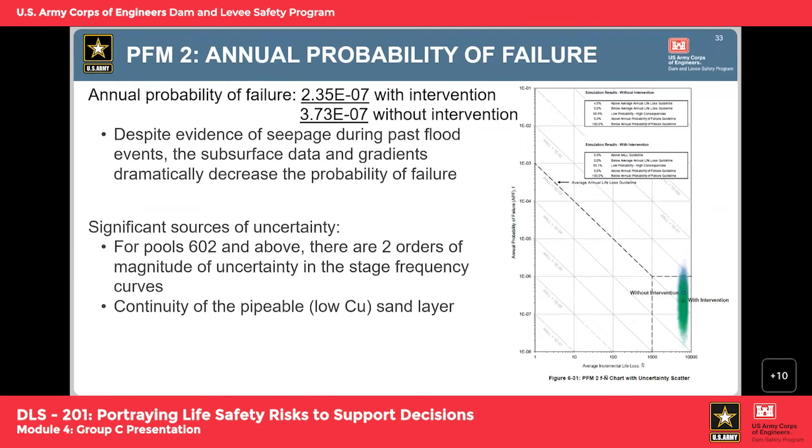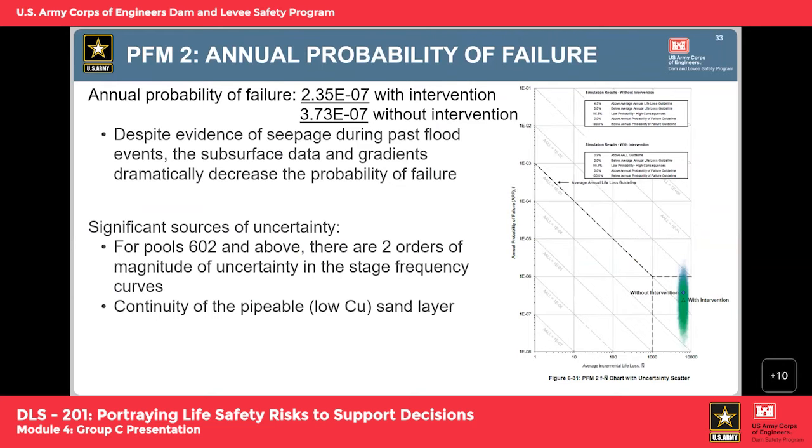As mentioned previously, in 2015, the pool raised to a near top of active storage elevation, and there were 3 pin boils observed at the downstream toe of the seepage berm, and there was no movement of fines. So despite evidence of seepage, past performance shows that the BEP is unlikely to initiate and progress to failure, and that's reflected in our SRP.